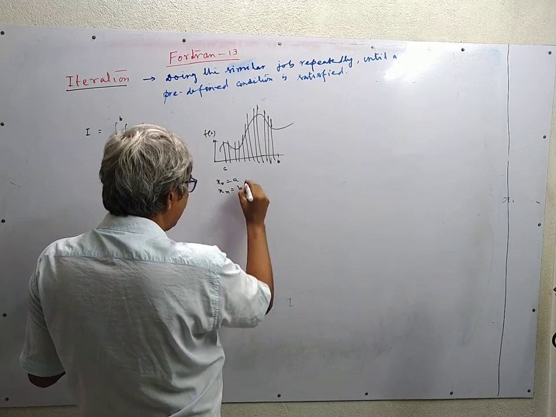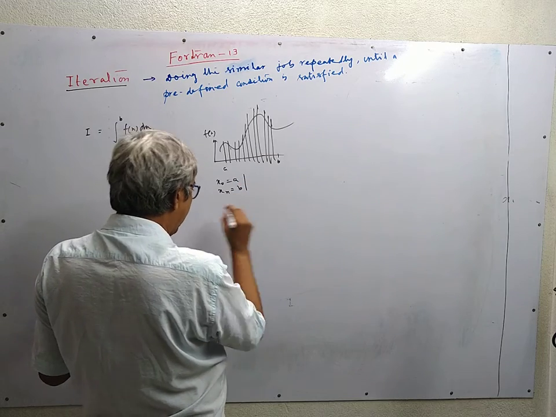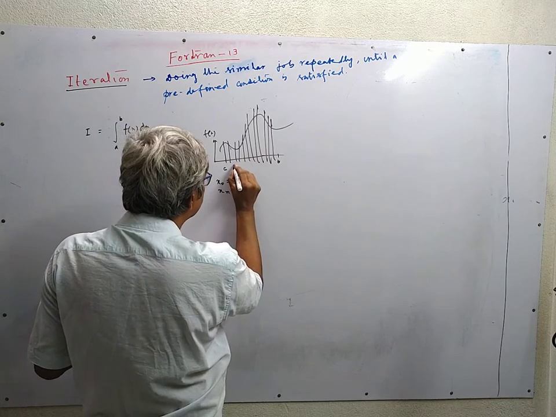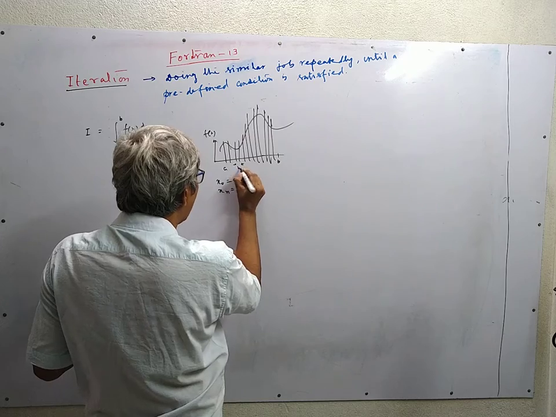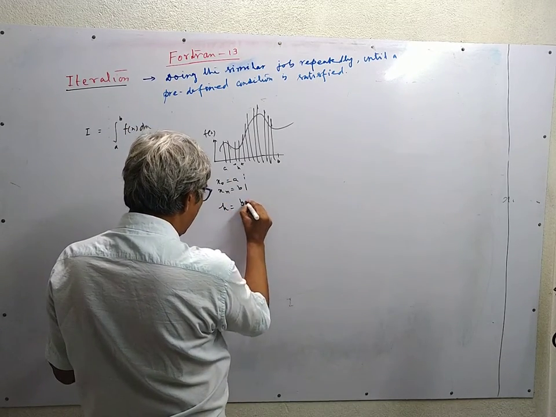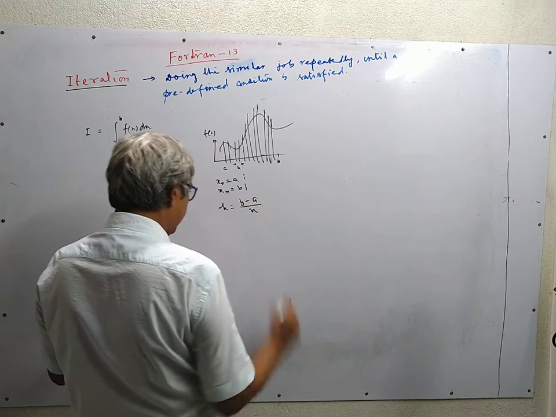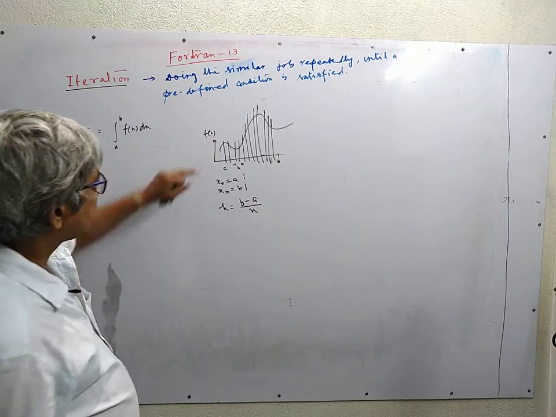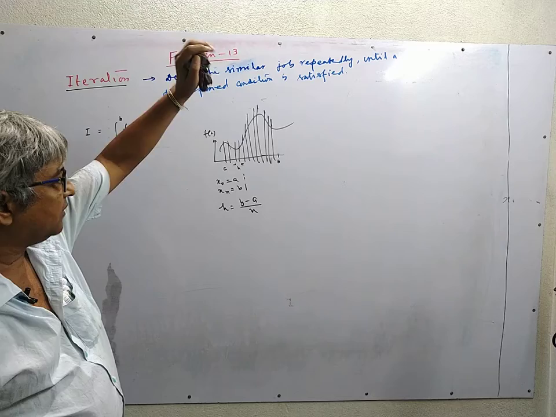The width of two adjacent strips is h. So one defines h equal to (b minus a) upon n, and one calculates the area under the curve.